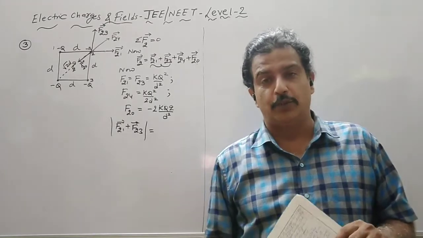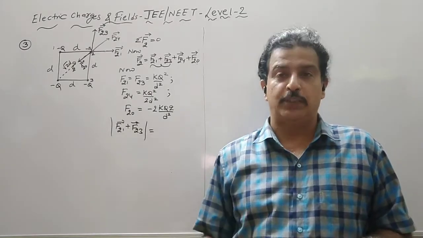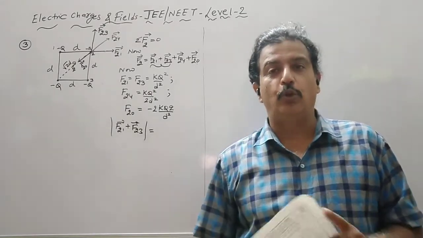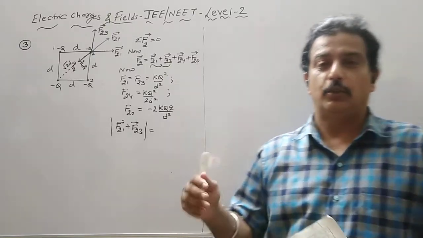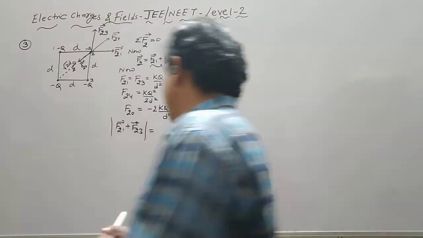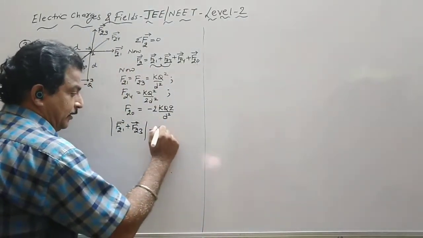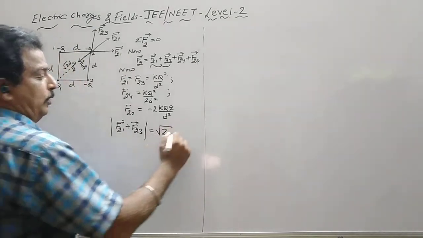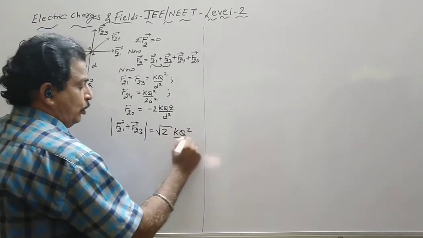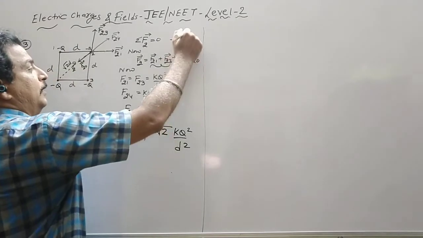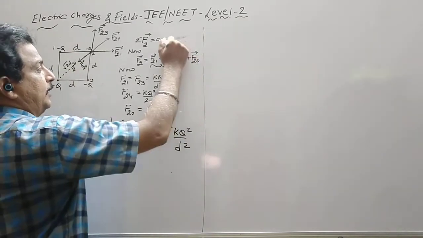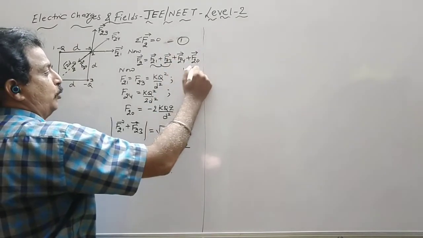Cos 90 is 0, so we have a square plus b square. A is equal to b, so we get root 2 a, or b you can write. So directly I am writing the answer: root 2 kq square upon d square. So this is our equation 1, this is equation number 2.